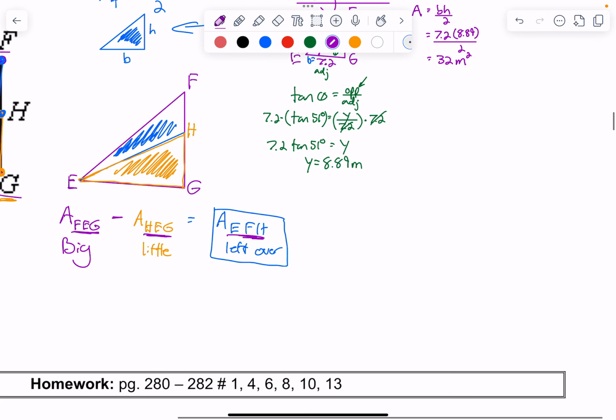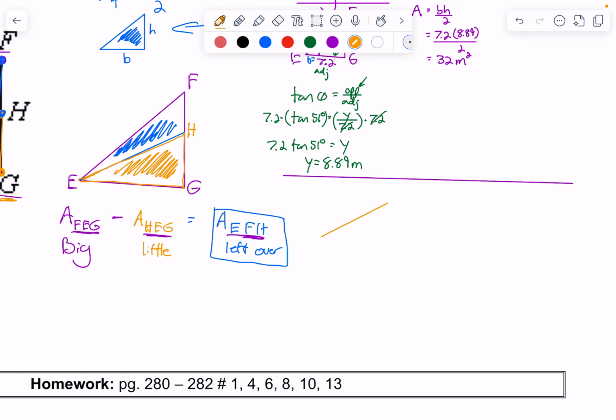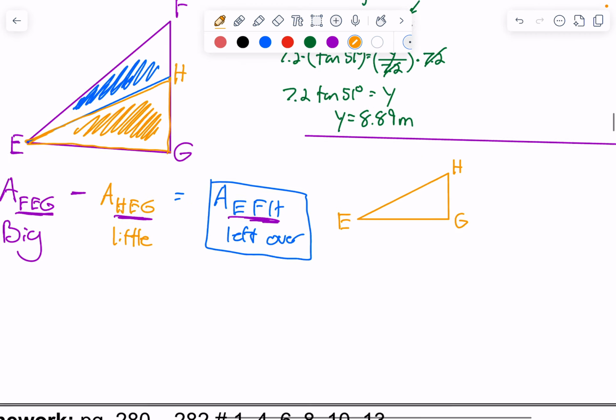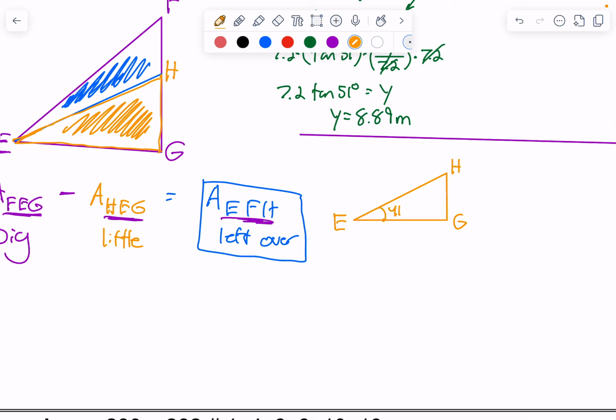Let's get the smaller triangle. Let's give ourselves some room. So we now have the triangle EHG, or HEG, where this was the vertex H, this was the vertex E, and this is the vertex G. We were given an angle of 41 degrees.